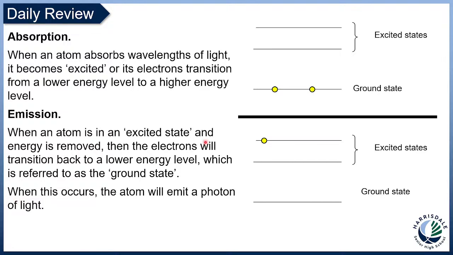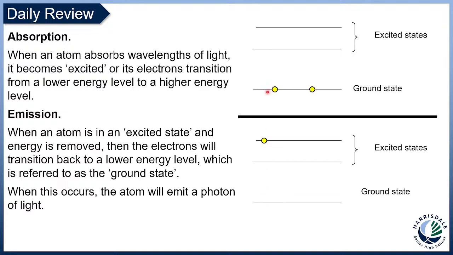Let me get my laser pointer out. They get transitioned up to the excited states from the ground state they are at currently. Once they are up in the excited state, one of these two excited states, that electron is volatile and wants to return to the ground state, which is the lower energy level, so down here.